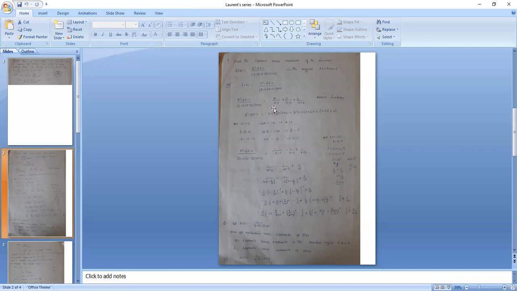Now taking LCM and cancelling the denominator part, we find z square minus 6z minus 1 equals a into (z minus 3)(z plus 2), plus b into (z minus 1)(z plus 2), plus c into (z minus 1)(z minus 3). Now substituting z equal to 1, 3, minus 2 in this expression, we get the a, b, c values.